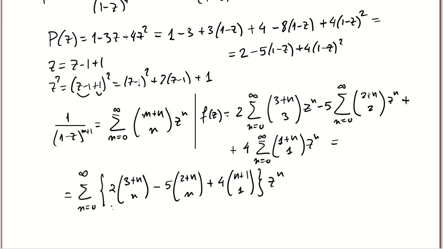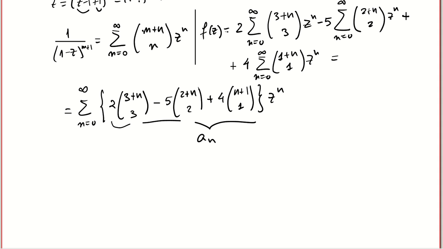And then we can identify our an with this expression here. Well, sorry, I'm writing n here. This is okay, right? But the way I'm writing it here is 3, 2, and 1. Doesn't matter much because the value doesn't change, right?